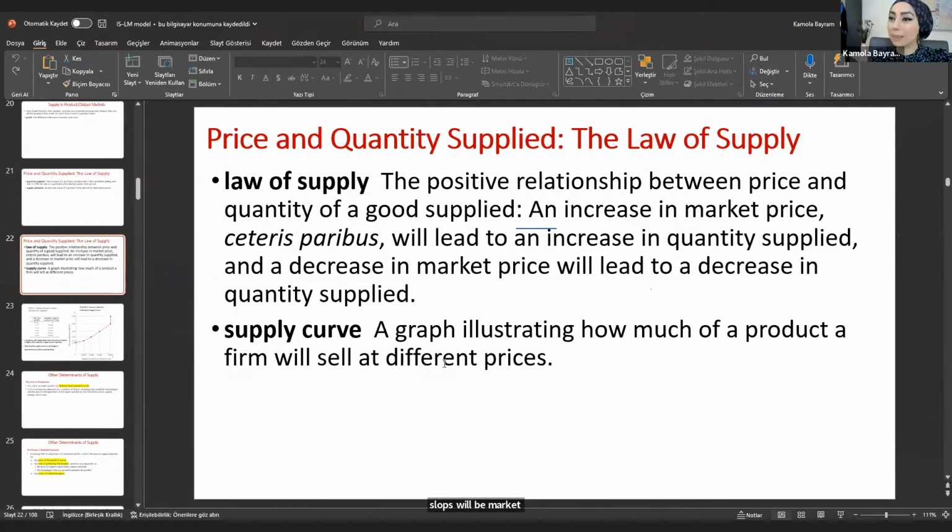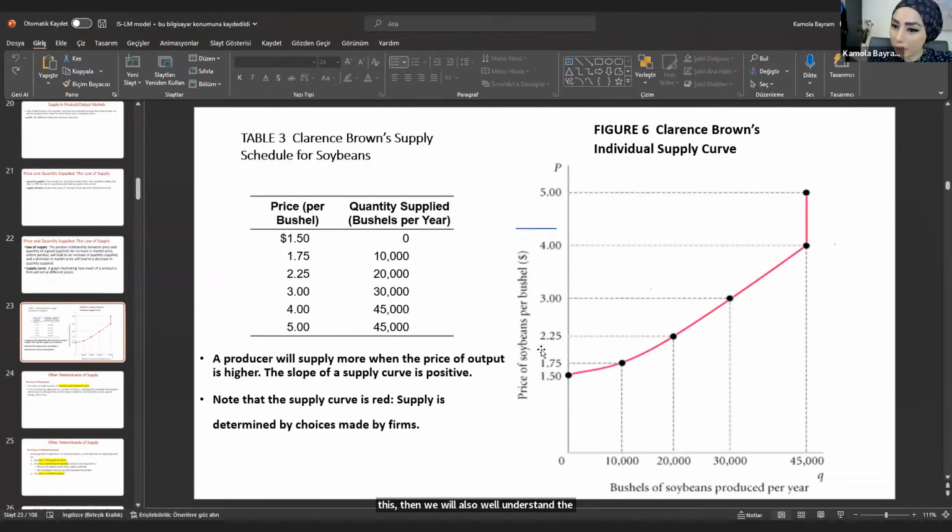That exact thing we will also look at in our SLM model, where we will also have equilibrium. So the concept is very much the same. If you understand this well, then we will also understand the next topic well. Well, and here it is. This is the supply curve.